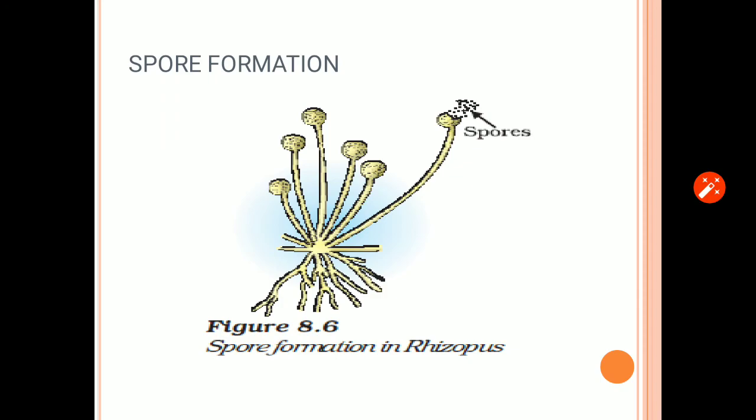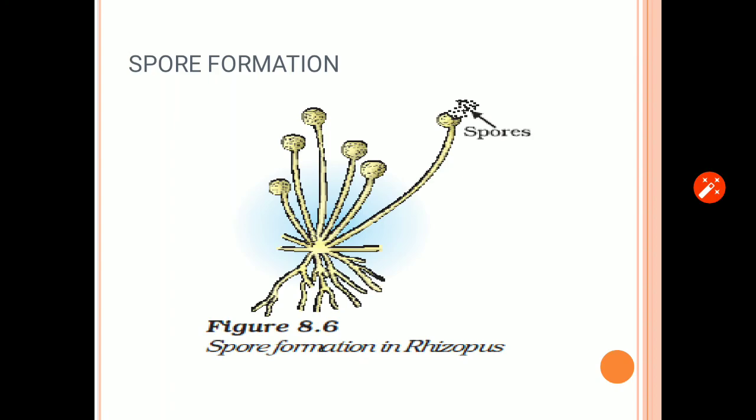Now, in favorable conditions, some hyphae start going in the vertical direction towards the upper side, as shown in the image, and they bear a small ball-like structure which is termed sporangium. Inside the sporangium, division takes place and many spores are formed.